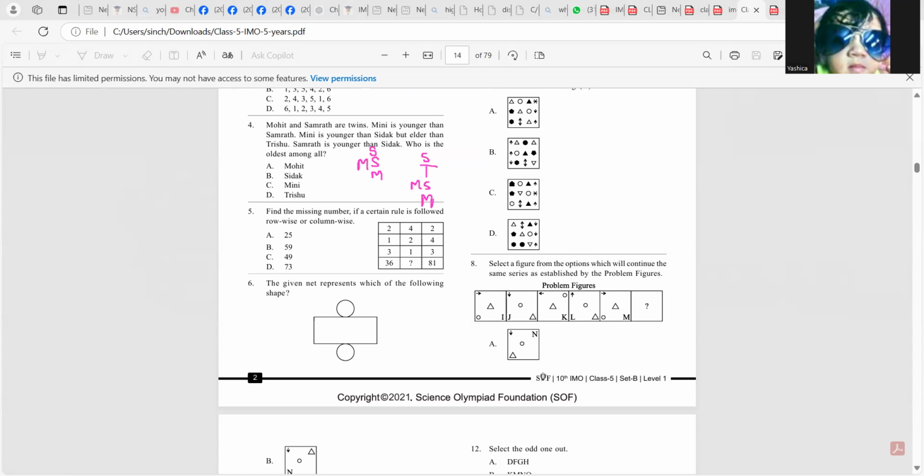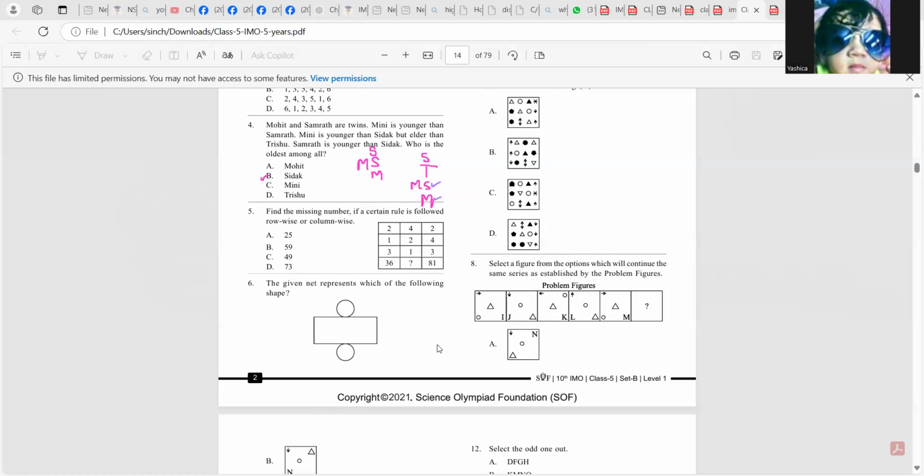Ma'am, Siddharth is the oldest because Mohit and Samrat are twins. So I've written M and S together. Mini is younger than Samrat. So we'll write Mini under Samrat.